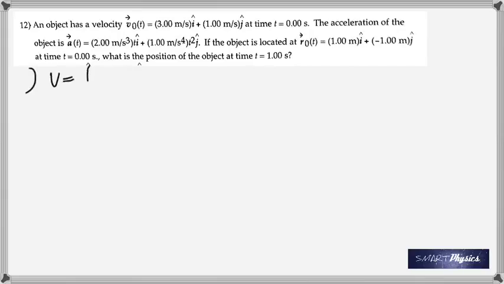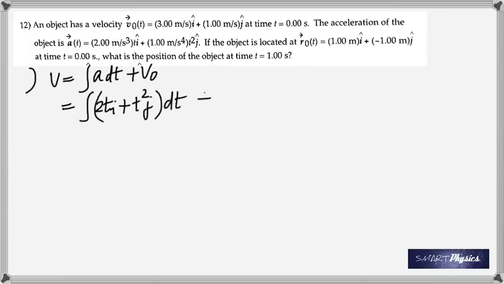Remember that velocity is the integral of acceleration with time plus the constant of integration, which is the initial velocity. In this case, the acceleration is 2ti plus t squared j. That's what is given. And that is the initial velocity.